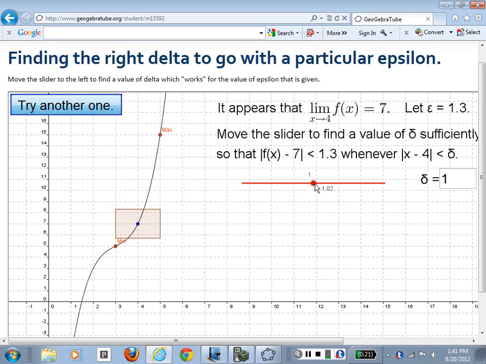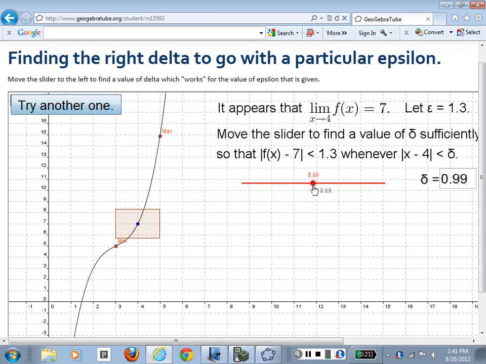So epsilon equals 1.3. You can see the 1.3, right? From there to there, that's 1.3 units, and from there down to there, that's 1.3 units. How close are we going to have to be to 4 in order to be inside the box? No more than 1.3 units away from 7.